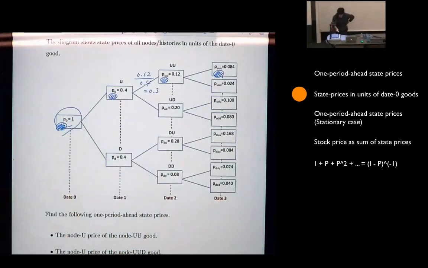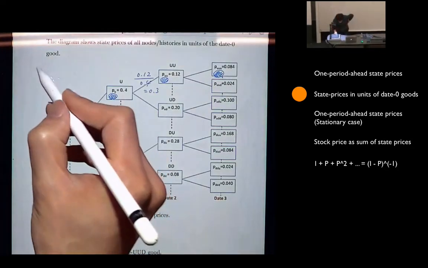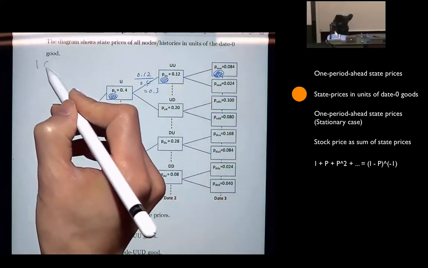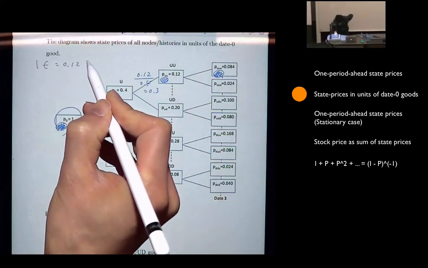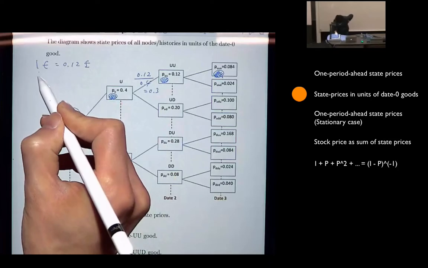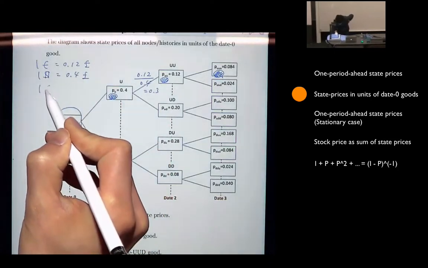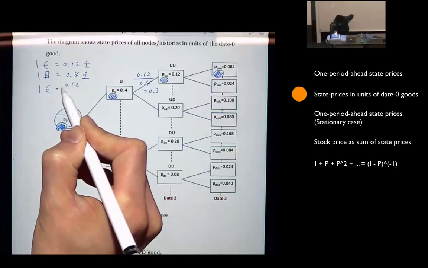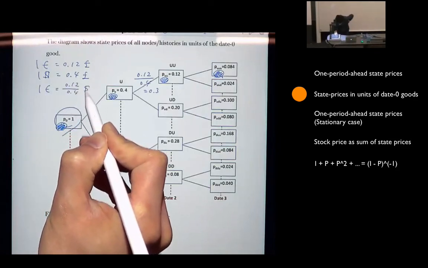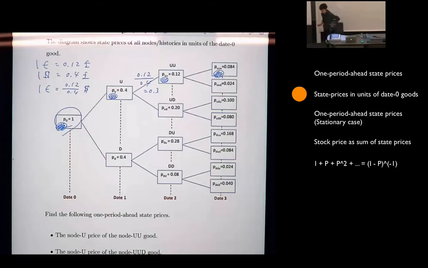It's the law of relative prices. If 1 euro is 0.12 pounds and $1 is 0.4 pounds, then 1 euro is 0.12 over 0.4 dollars. So the amount of information we have is the same. So that's the answer to the first question.